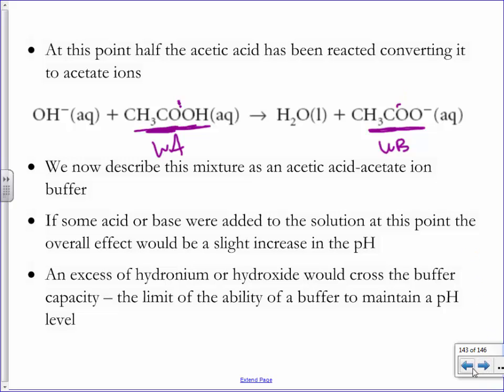So, let me give you just an example of a question off a diploma. Which is a buffer? I'll just give you some examples.